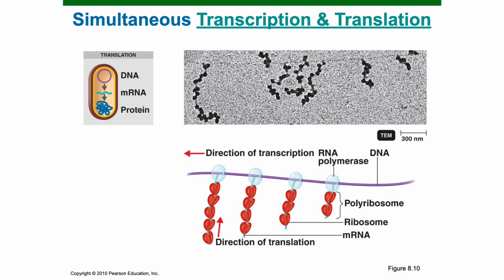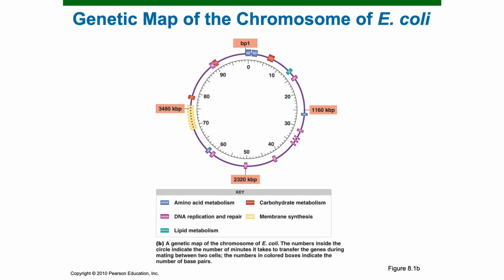And often in prokaryotes, all the genes that are involved in similar processes are located together. And these processes can be mapped onto the chromosome. And this allows them to activate it, and it's a compact arrangement.